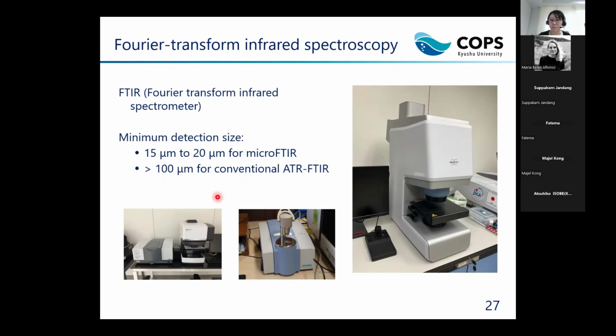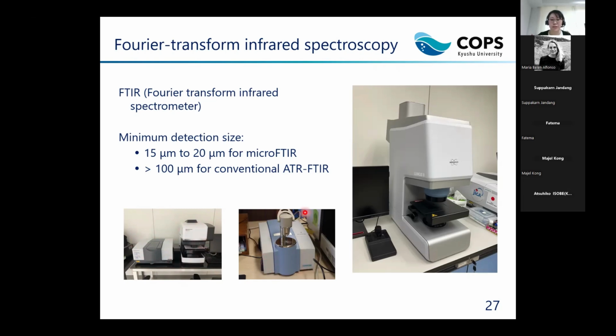And also, micro FTIR has a lot of types, and a lot of manufacturers sell FTIRs. First you can see this type of micro FTIR. In the case of the left panel, you can see the main body of the FTIR, and on the right side you can see the microscope parts.